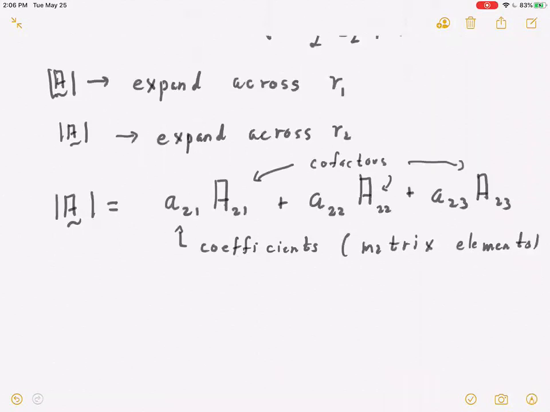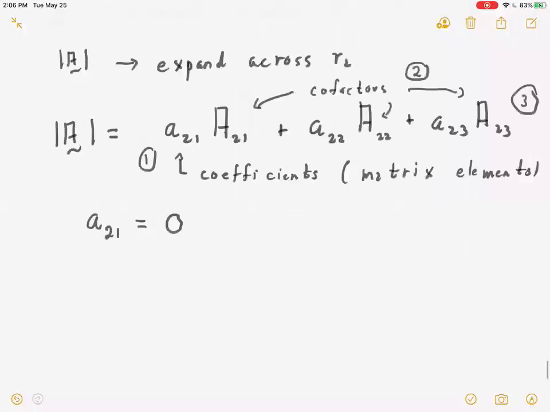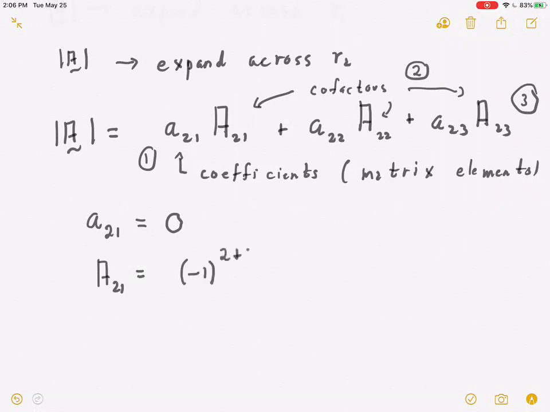So I have 3 terms to evaluate, 1, 2, and 3. And similar to the example we looked at last lecture, we'll go through this one step at a time. A sub 2,1, by inspection for this example, is just 0. The cofactor A sub 2,1 is by definition minus 1 raised to the 2 plus 1 power times the minor M sub 2,1.